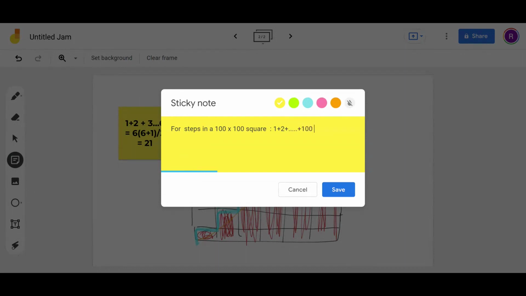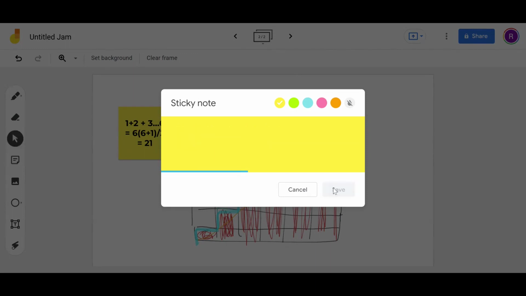And what is that? For that, it will be equal to 100 times (100 plus 1) divided by 2. And how much is that? 5050. Okay, good.